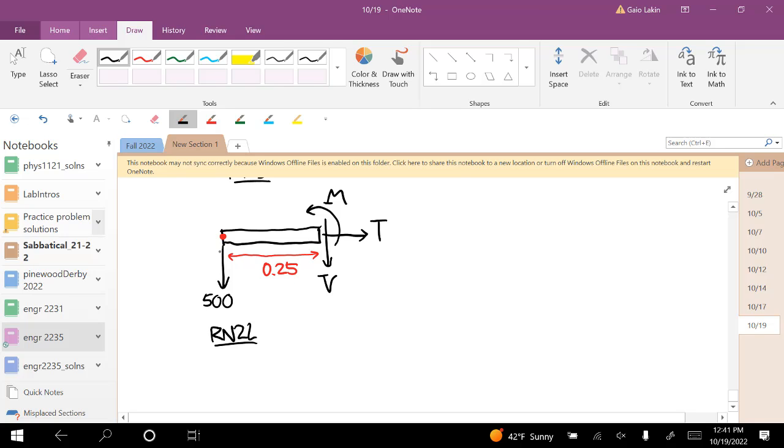There's no moment there. 0.25 times V, that's plus or minus, right? Now, by inspection, you think about which way it's going to rotate. It's clockwise, so take the negative. And then plus M is equal to 0, and you get the same thing.